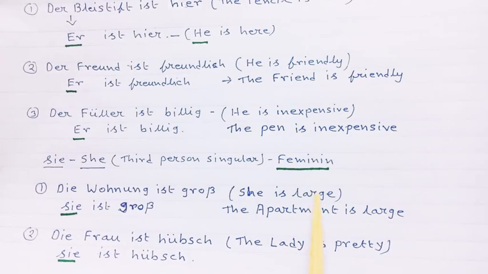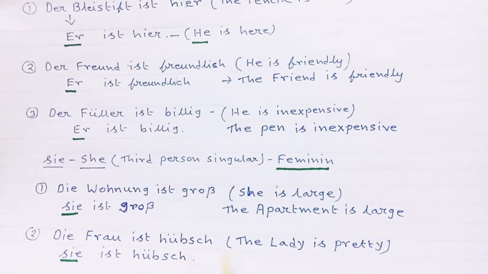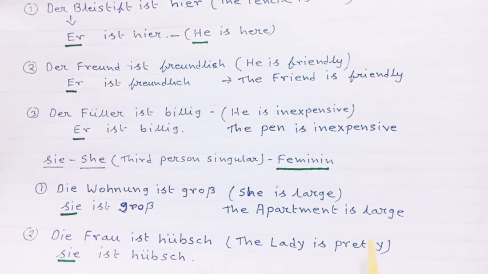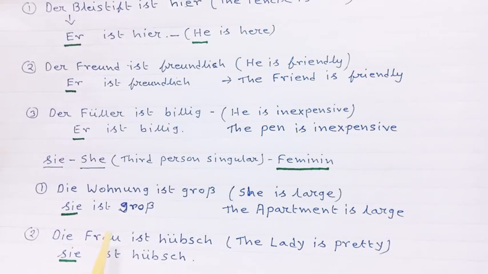She is large. Die Frau ist hübsch. The lady is pretty or good looking. Or die Frau, when we replace the noun by pronoun, sie ist hübsch.